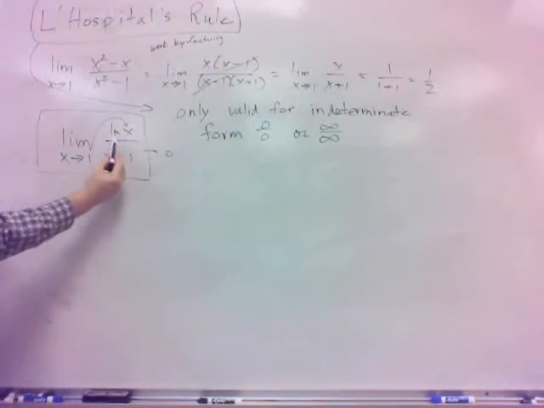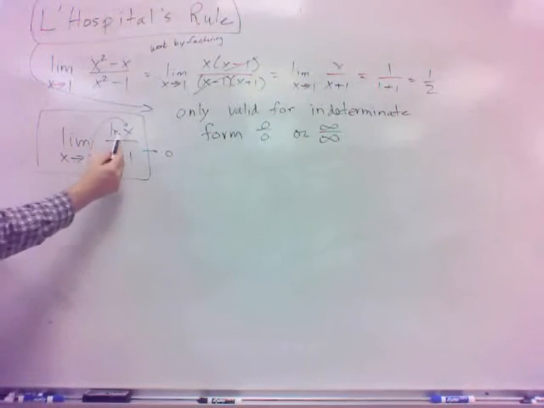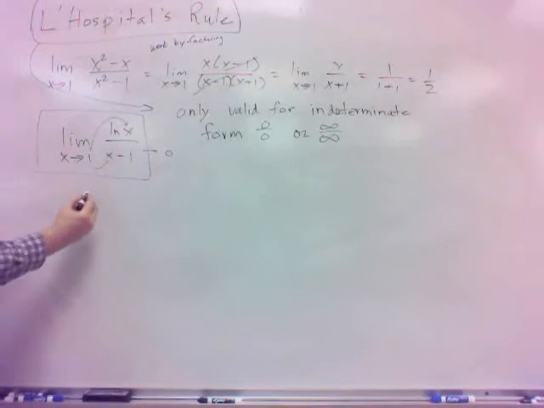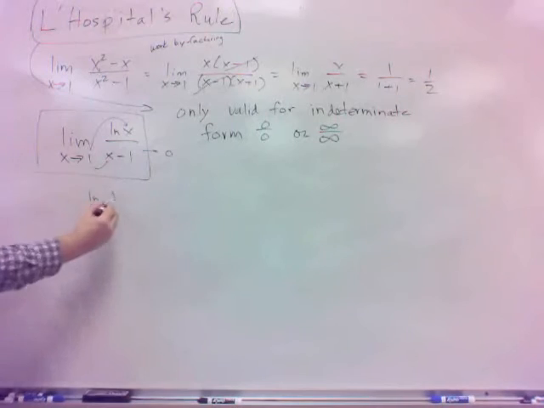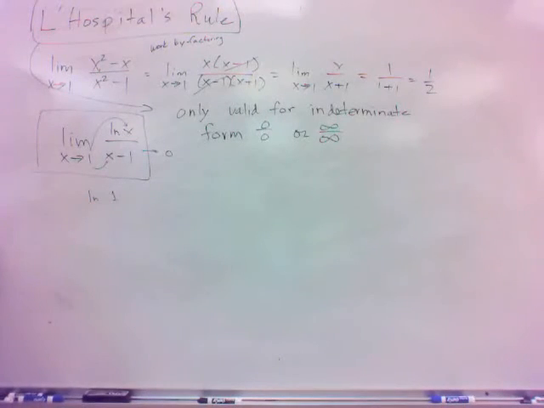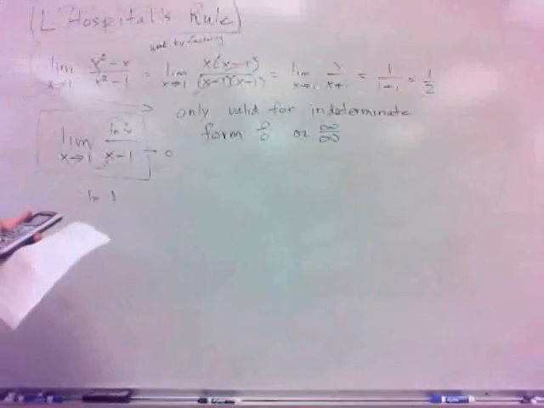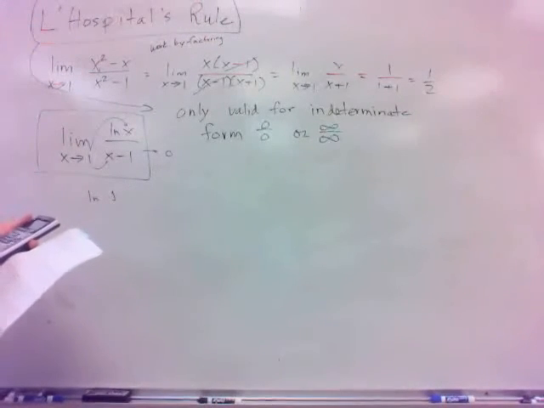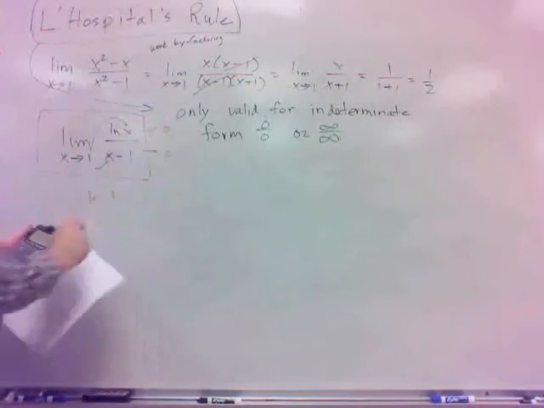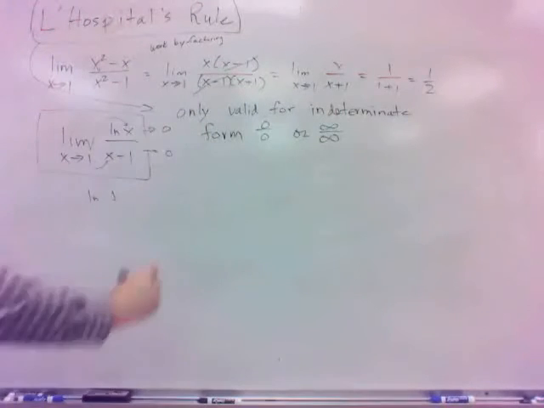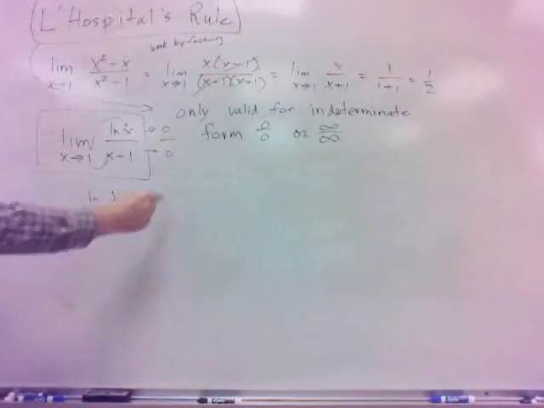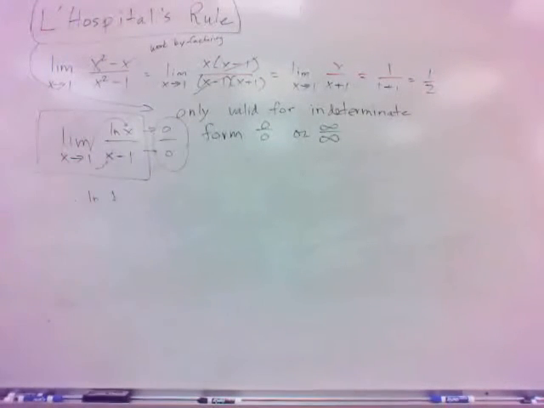And we haven't talked a whole lot about the natural log yet, but if you plug in ln of 1 into your calculator, you get 0. This is what is known as the indeterminate form 0 over 0.